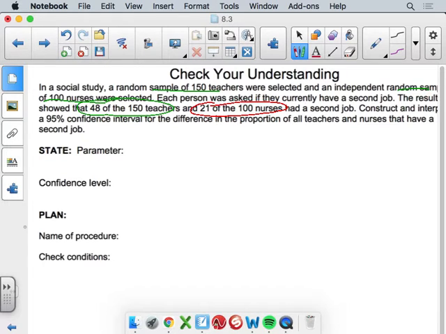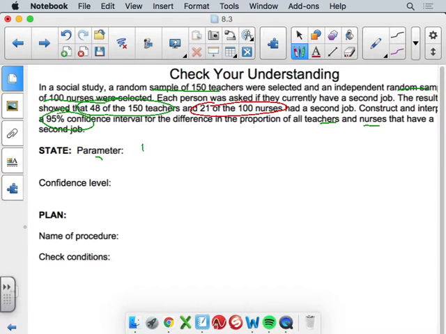Construct and interpret a 95% confidence interval for the difference in teachers and nurses with a second job. Okay. So this first part is what are we actually going for here? The parameter.